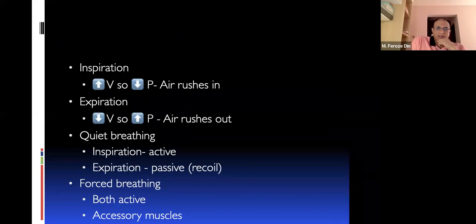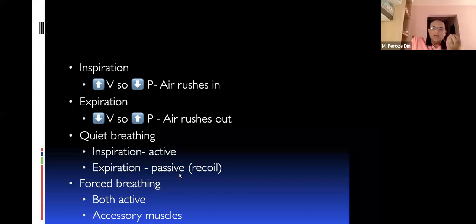So to summarize, inspiration is a rise in volume, fall in pressure, and air rushes in from the atmosphere. In expiration, there's a fall in volume of the lungs, pressure increases, and air rushes out. During quiet breathing, only inspiration is active and expiration is totally passive by recoil.